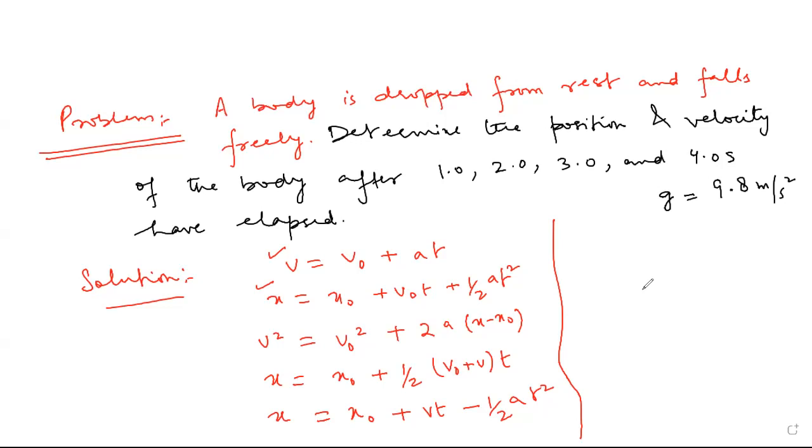And what we do, we make two small changes. We label the direction of free fall as the y-axis. This is one thing.